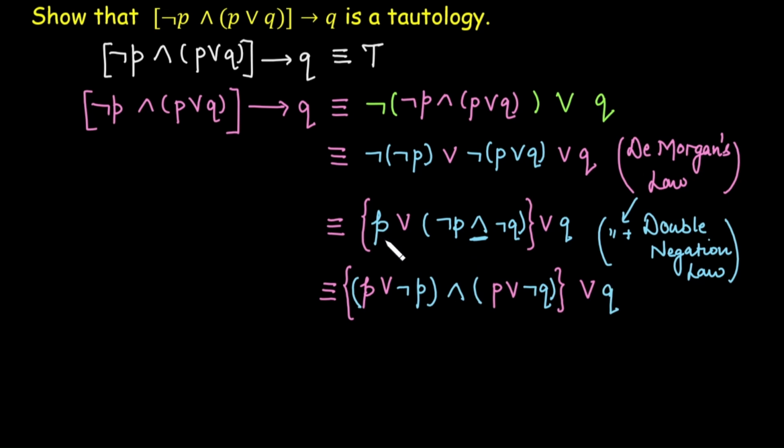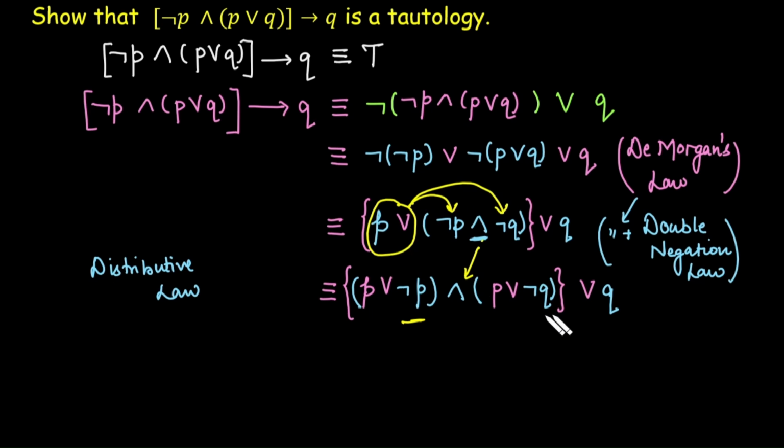So in this step we have used the distributive law. We have distributed P over negation P or Q. This operator is as it is, P or negation Q.